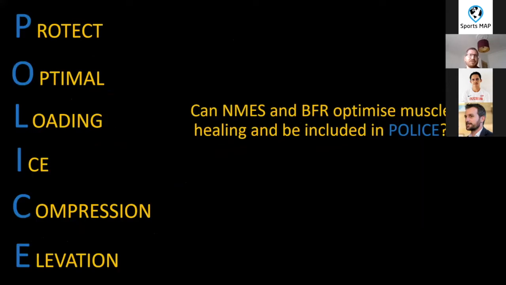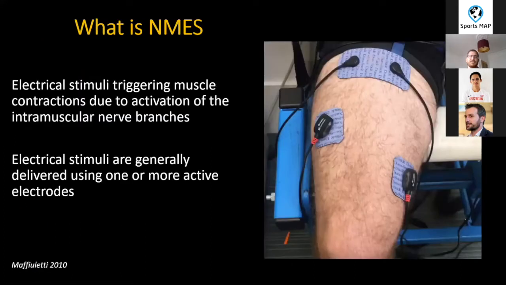So, can we use neuromuscular electrical stimulation and blood flow restriction to enhance our muscle healing, and should these be included in the current POLICE acute management paradigm? So first off, what is neuromuscular electrical stimulation, or electrical stim for short?